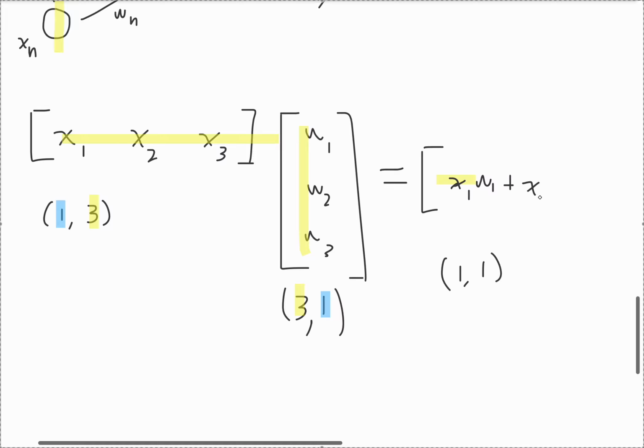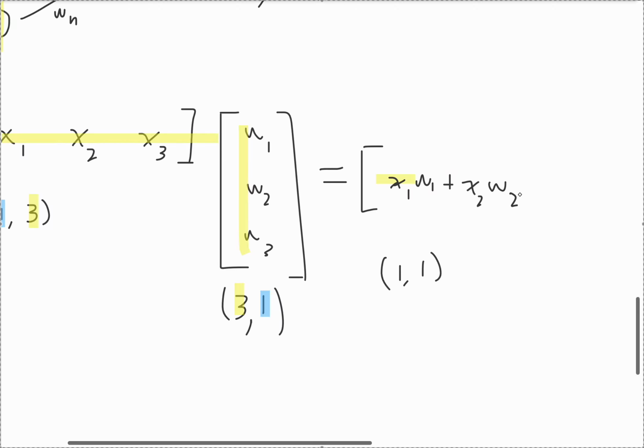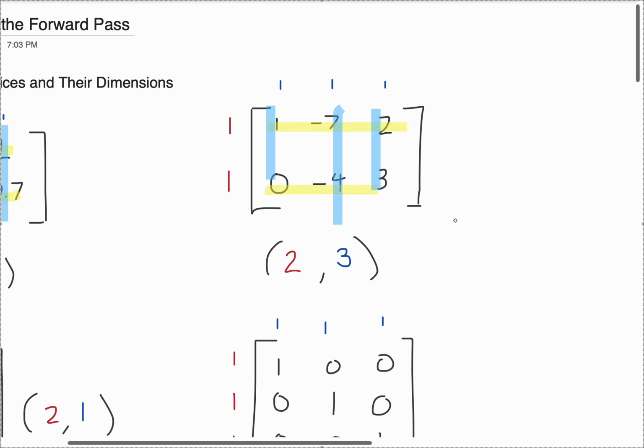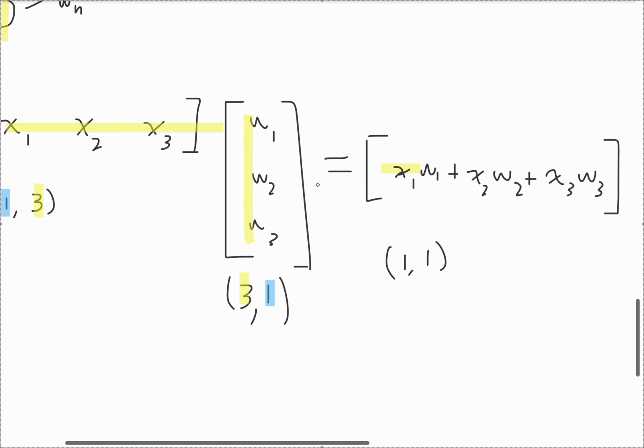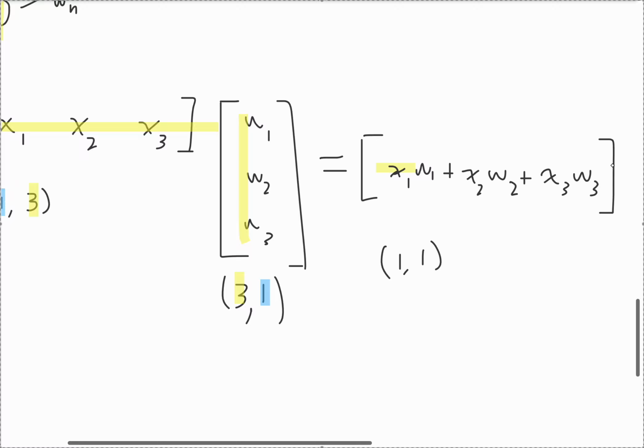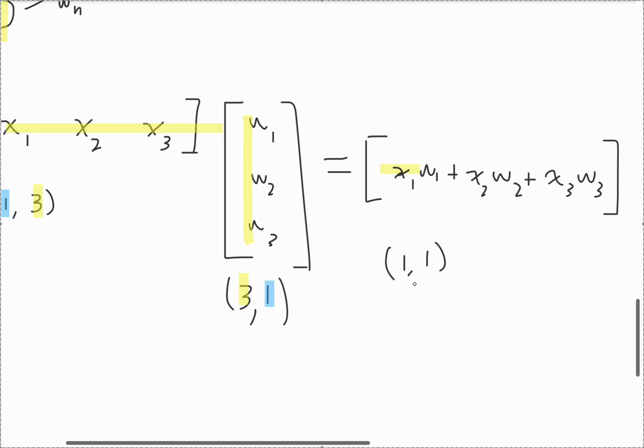Notice there are no spaces between these in the matrix, they're not addition signs, so all of this is one value. x1 weight 1 plus x2 weight 2 plus x3 weight 3 is all one value with dimensions 1, 1.